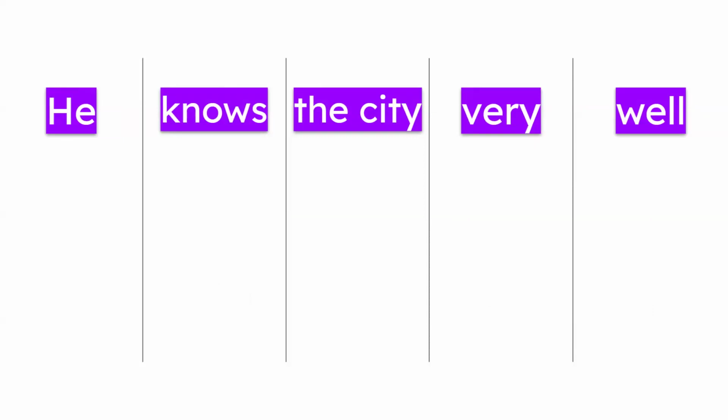Okay, now we've got the sentence. He knows the city. Again, a place. He knows the city very well. He knows, él sabe, right? No, él conoce, of course. Él conoce the city. Is it feminine or masculine? Feminine, that's right.